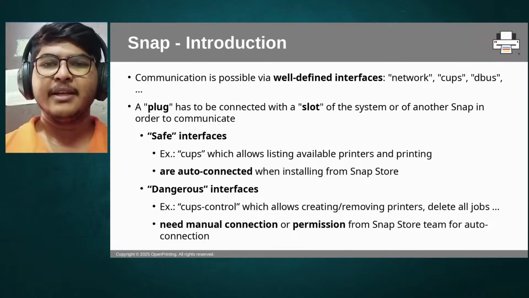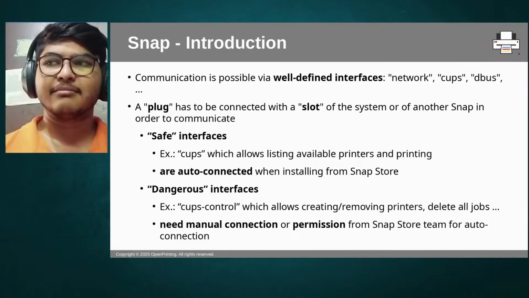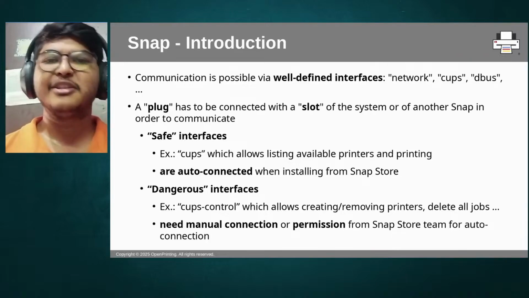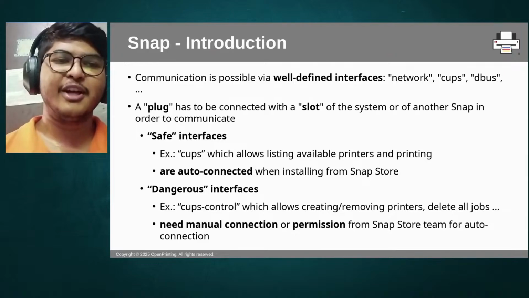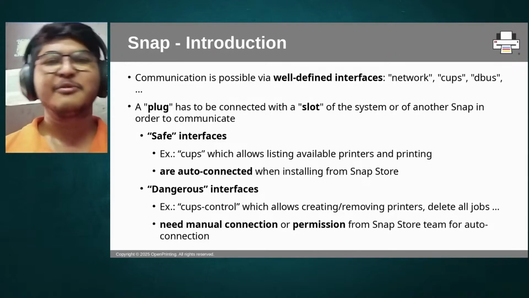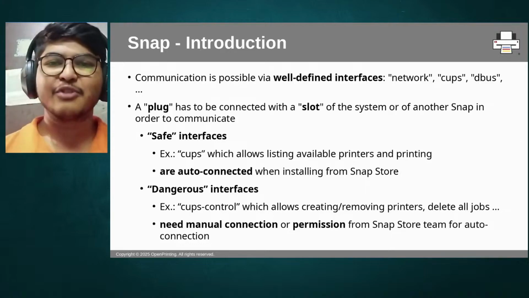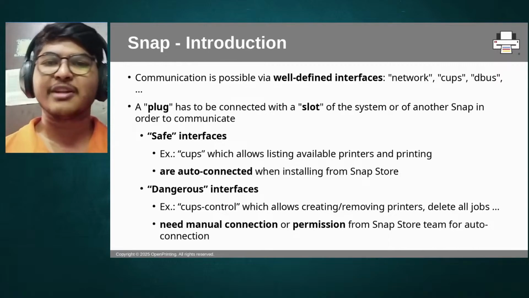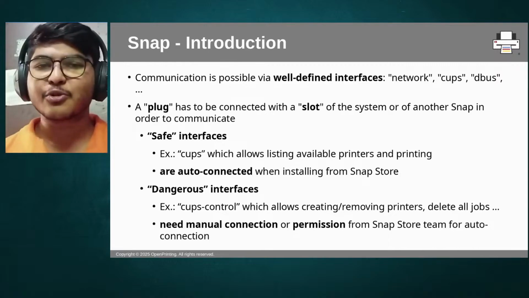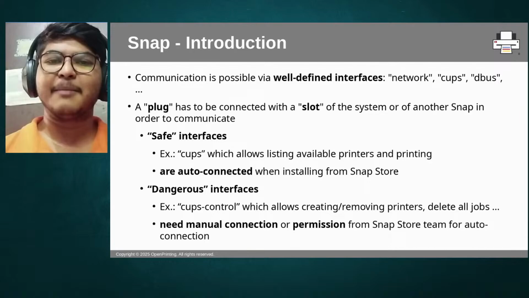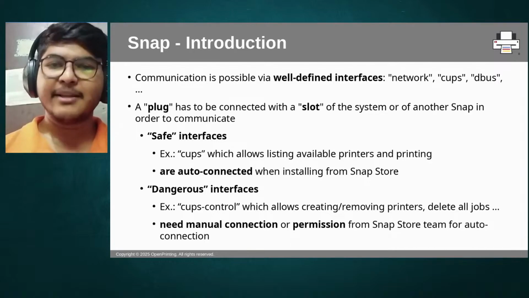For example, a malicious snap could get access to your passwords, or remove printers from your system, which you would not want, right? So you would like to give those permissions only to snaps that you really trust, or that the store team trusts, and where the publisher is vetted by the store team.